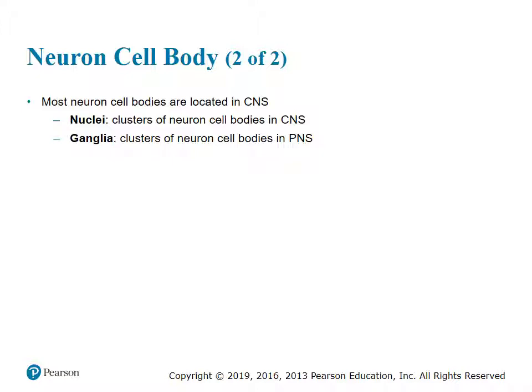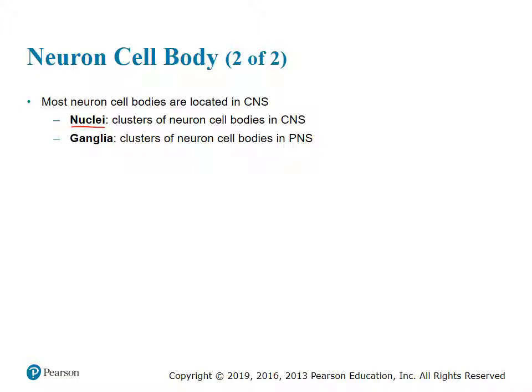So we have different terms depending on where the cell bodies are located. Most cell bodies are located in the CNS, and we call those clusters, a bunch of the cell bodies kind of huddled together, nuclei.